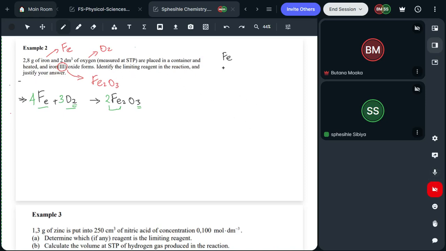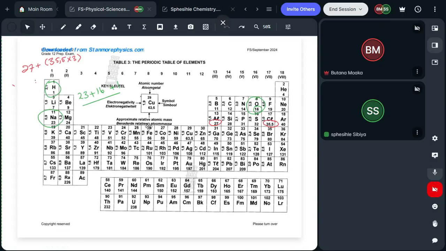So now, if I look at iron, what information do I have about iron? I'm given the mass as 2.8 grams. If I have the mass and I'm looking for the number of moles, the formula to use is n equals the mass over the molar mass. We need the molar mass of Fe, which we can get on the periodic table.